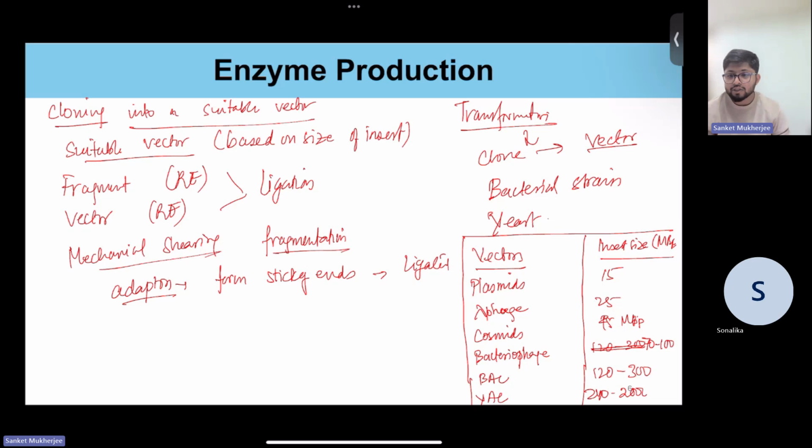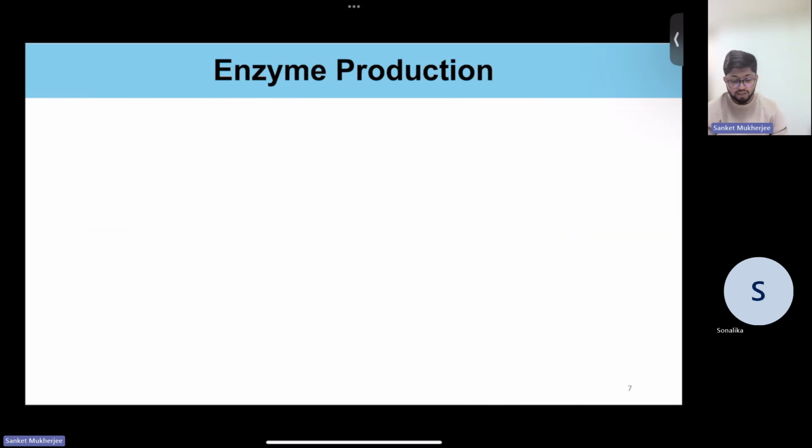So yeast artificial chromosomes are also used. But the larger the fragment size, the lower the efficiency of producing a positive clone. That's usually the problem.